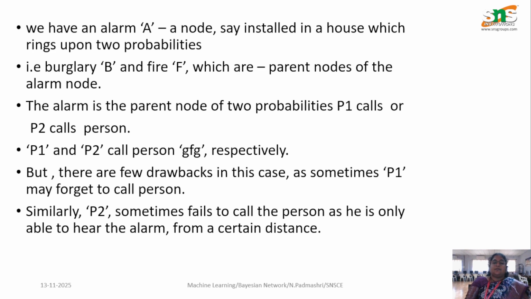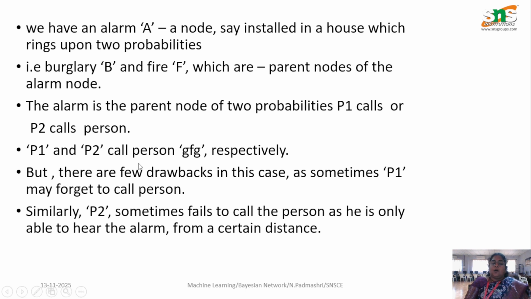So this is the chance of getting probabilities that we are going to see here. We have alarm node A, which is installed in a particular house and has two probabilities, whether that alarm will ring if there is any burglary or fire. These are the two parent nodes. As I already explained, the alarm node has two children, whether P1 calls or P2 calls.